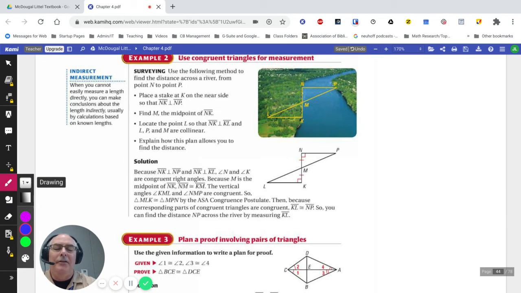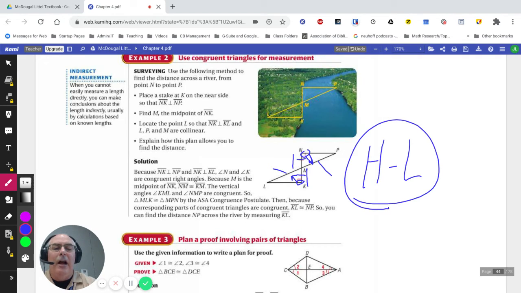Just so happens that these then are the hypotenuse. So I've got hypotenuses that are equal. I know that by two right triangles. And now I also know that these legs are equal, so that by using hypotenuse leg, I know that those two triangles are equal.